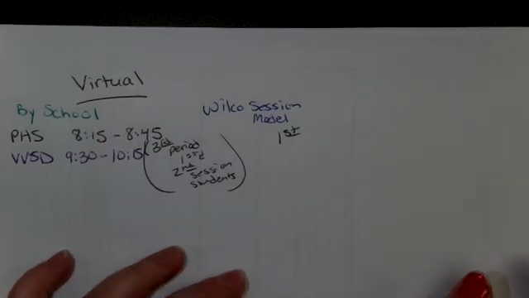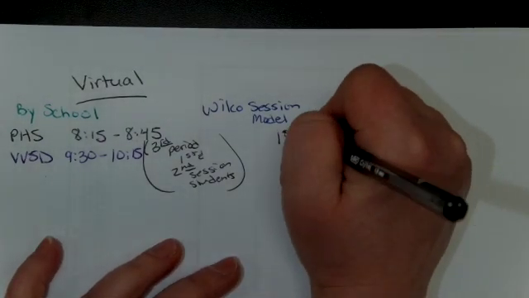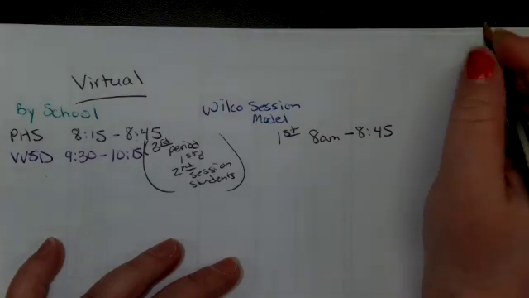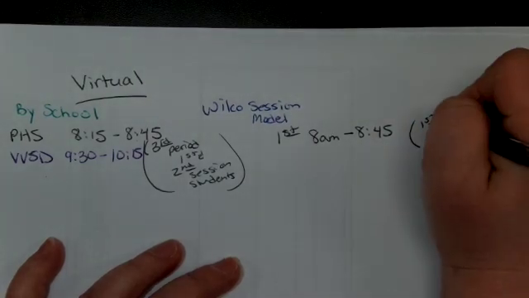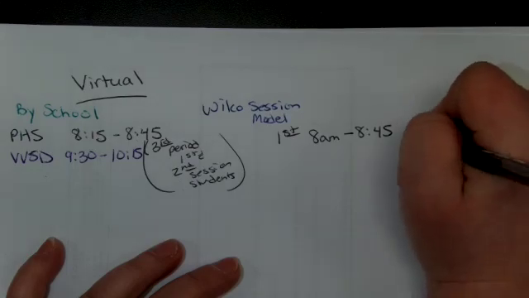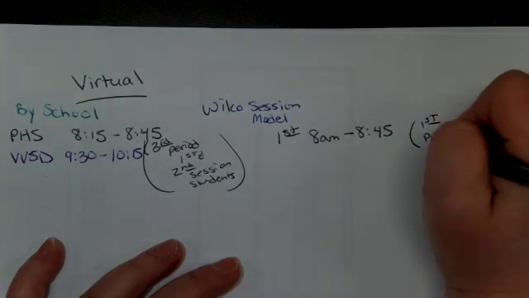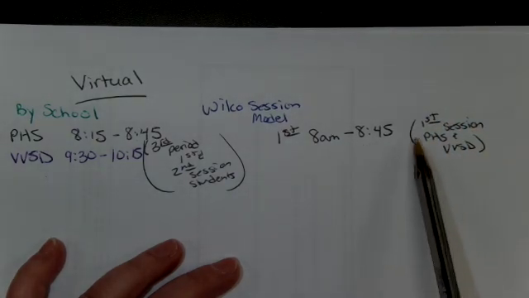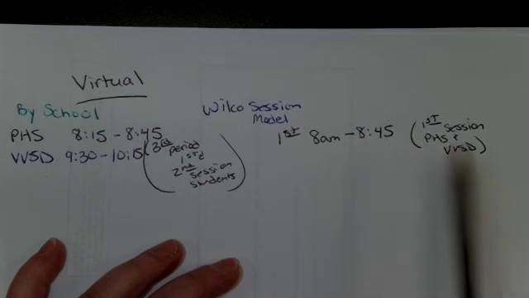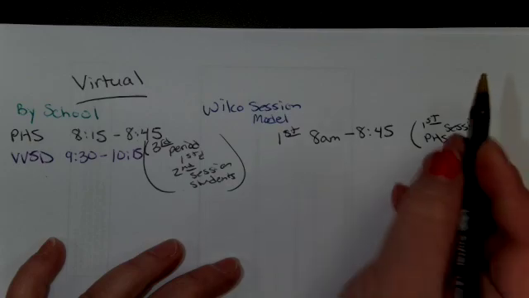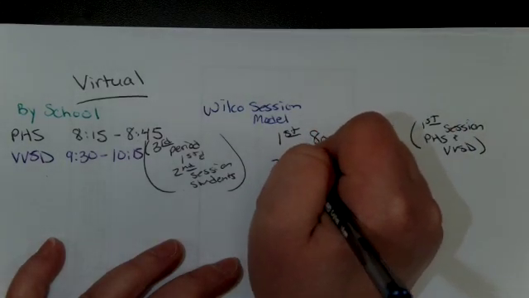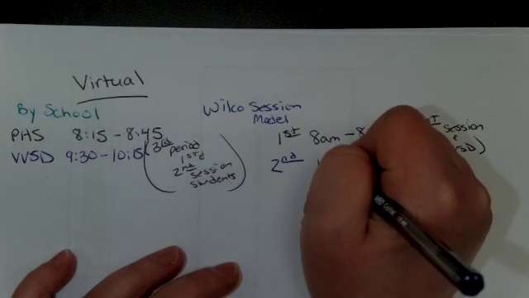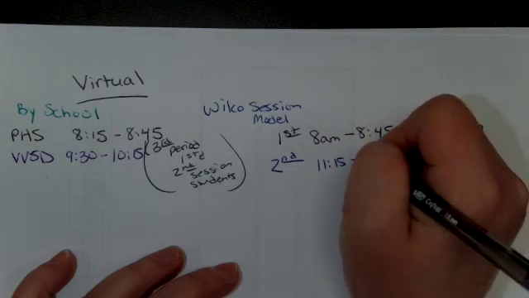The first session roster would take place at 8 a.m. to 8:45, and that would hit your first session Plainfield High School and Valley View High School students, when they are actually in those time period classes. So that fits. Your Wilco second session would have to happen somewhere between 11:15 and 11:40.